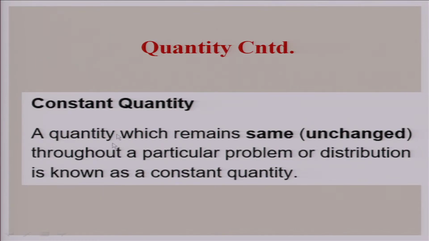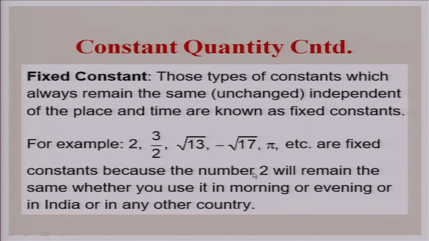Now, constant quantity: a quantity which remains the same or unchanged throughout a particular problem or distribution is known as a constant quantity. Constant quantity can be further classified as fixed constant and arbitrary constant. For example, this 2 is a fixed constant. What is the definition of a fixed constant? Those types of constant which always remain the same, unchanged, independent of place and time, are known as fixed constants.